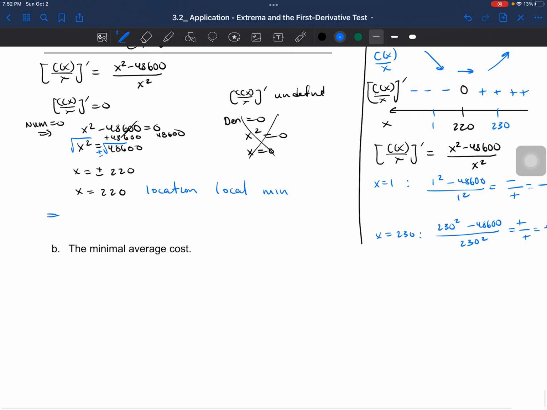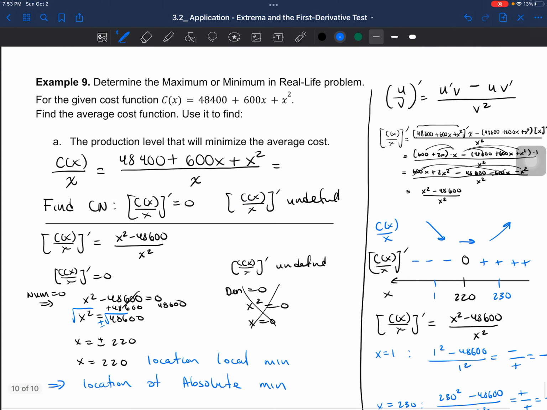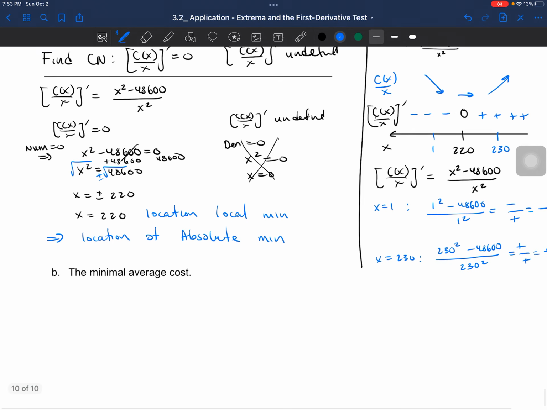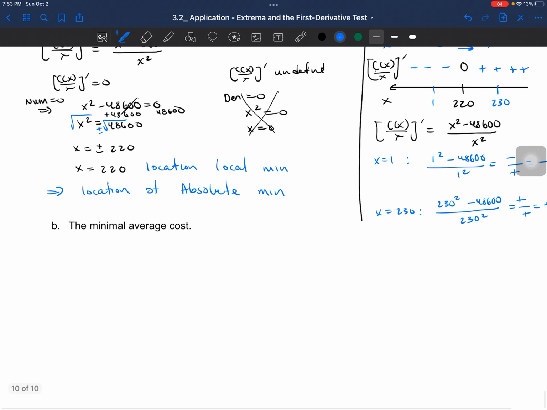So in this example, by that logic, this is actually the location of an absolute min, right? So we found the production level that needs to be produced to have an absolute min, but now we have to find what is the minimal average cost.